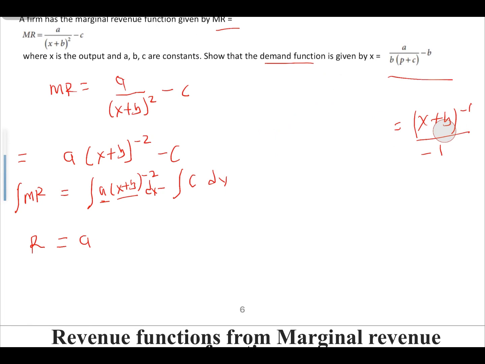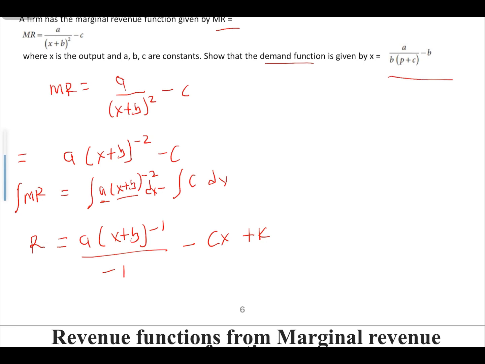So let's move ahead and solve the question. As I said earlier, you get A multiplied by (X plus B) to the power negative 1 all over negative 1. Then minus, when we integrate C, we get Cx. And don't forget that we need to introduce the constant K, the arbitrary constant of integration.